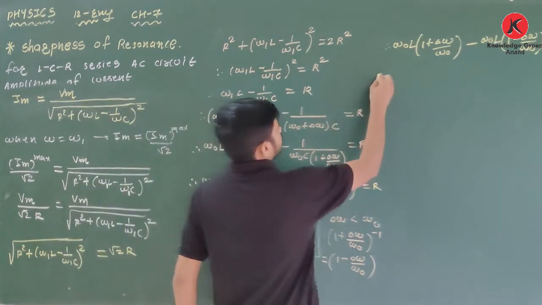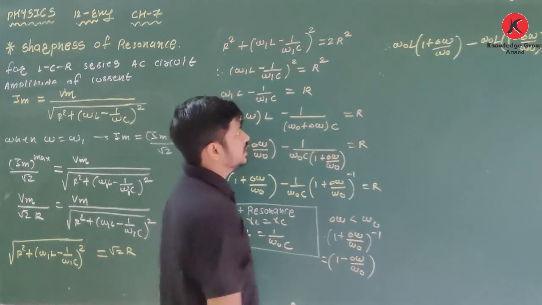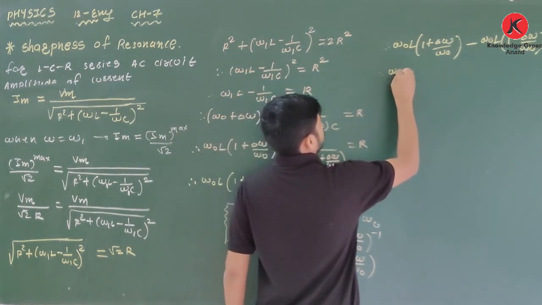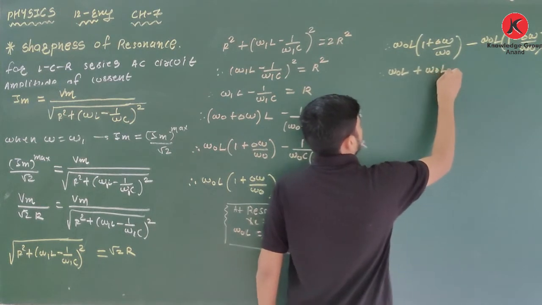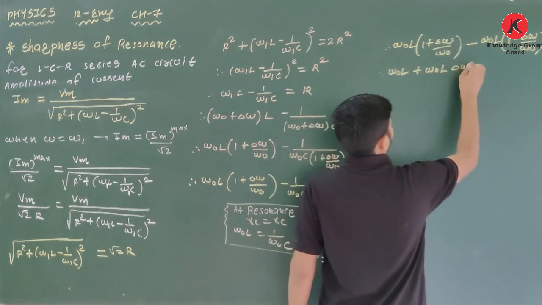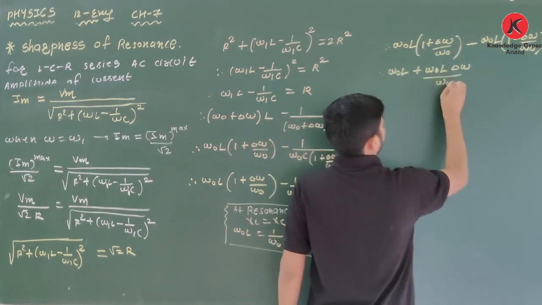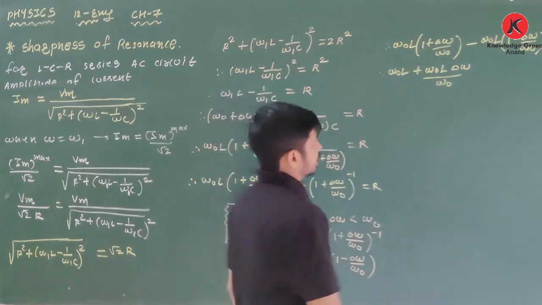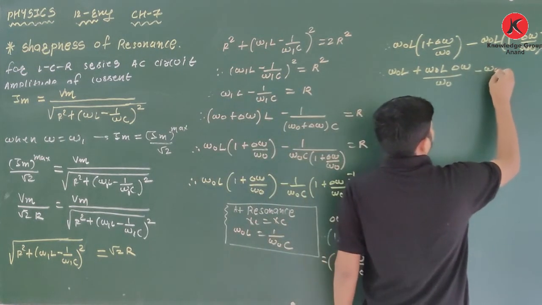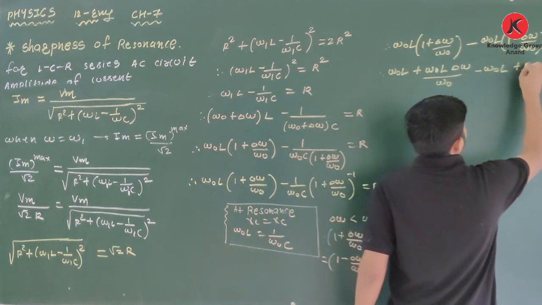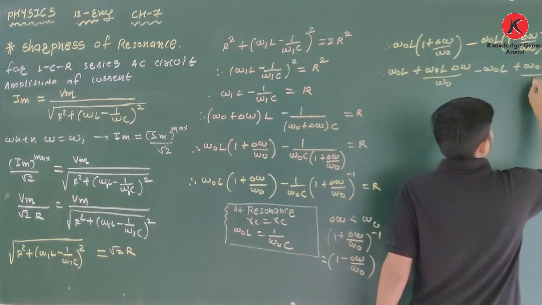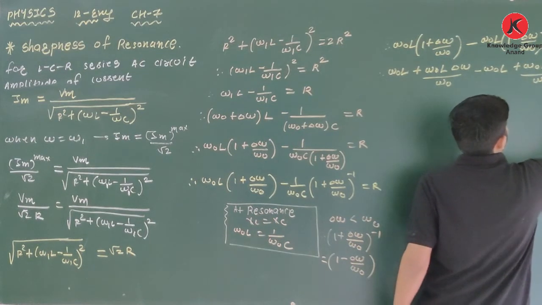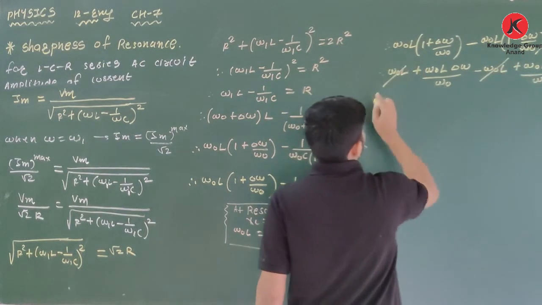Therefore here it is omega 0 L plus omega 0 L delta omega upon omega 0, and minus omega 0 L, minus will become plus, omega 0 L delta omega upon omega 0, is equal to R. So this term cancels out.